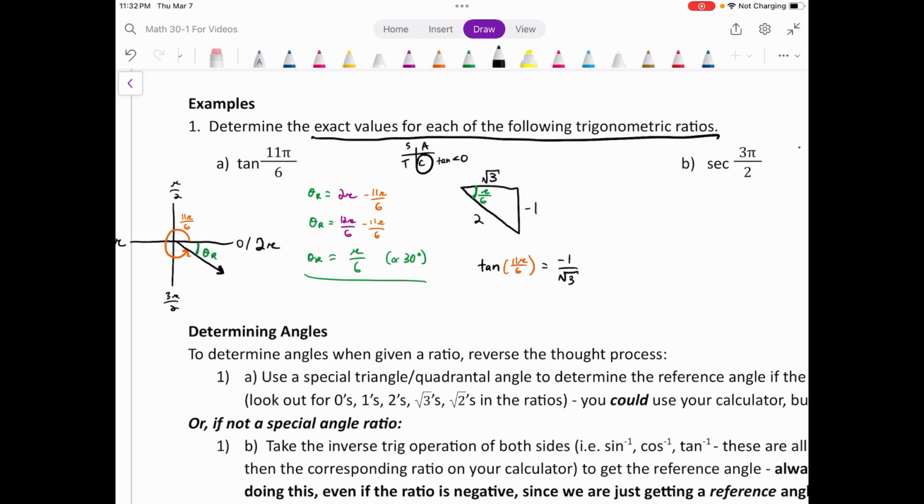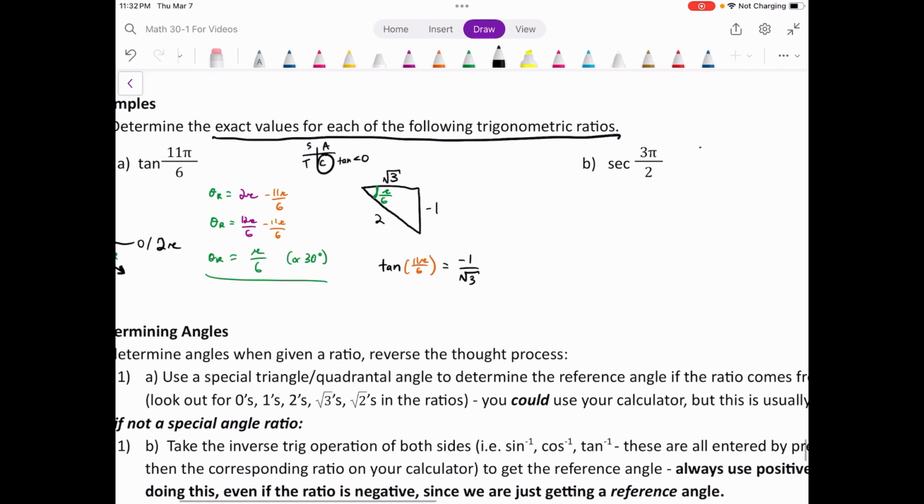Now that's technically done, but we need to rationalize it, because we have a root 3 in our denominator. So let's multiply by root 3 over root 3 to get rid of that, and we'll see that tan of 11 pi over 6 is -1 times root 3, which is -root 3, over root 3 times root 3, which is just 3. And there we go, rationalized denominator.